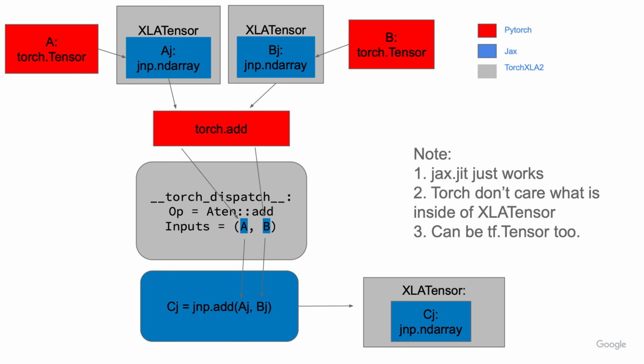And how jax.jit works is that when you jax.jit, inside of my tensor will not be jnp.ndarray. It will be this JAX tracer object, which is what JAX uses to trace your graph. And this tracer object will also flow into torch dispatch. We will do our dictionary lookup. We will call the JAX functions and we'll wrap it up again. But the JAX tracer will not remember that there's a dictionary lookup, there's some torch dispatch magic.